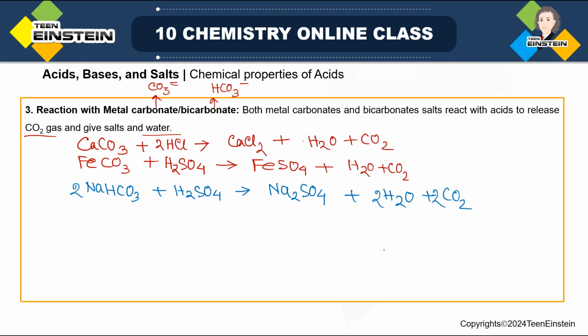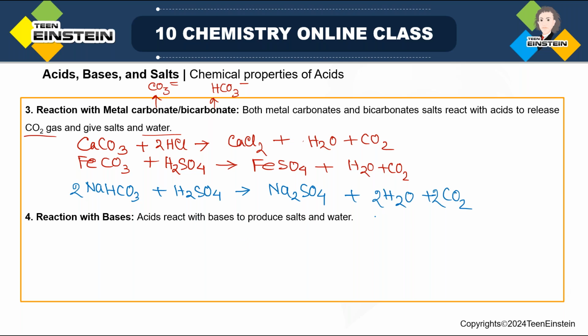So this is the third reaction, and the next reaction we will see is a salt formation reaction. Though we have already seen in the previous reactions how salt is formed, in this case it is the actual reaction where salts are always produced. Acid reacts with base to produce salt and water.